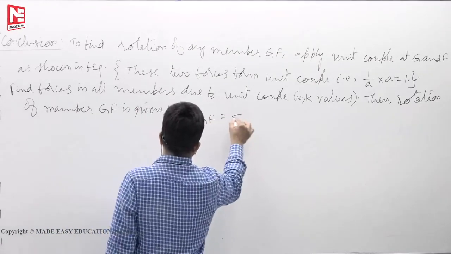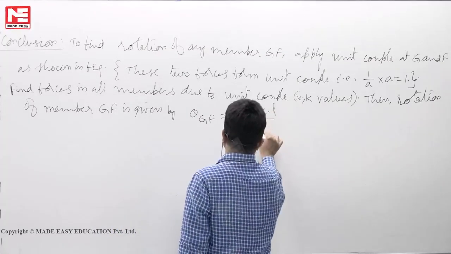theta GF is equal to summation of P K L by AE.